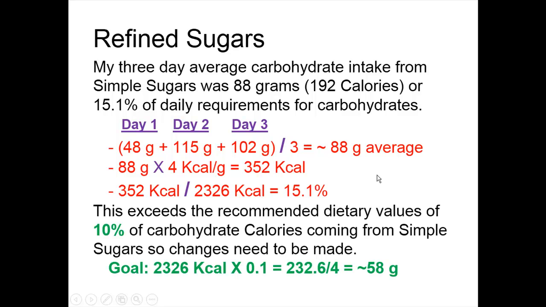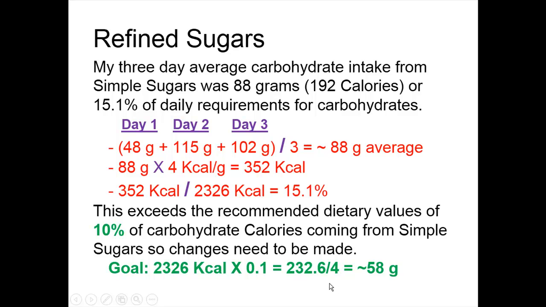Okay. Well, first of all, I have to determine, well, what in the heck is 10%? How many grams is 10%? Well, what you would do is basically take your total calories, because this is 15% of my total calories that came from simple sugars. So I would take my total calories times 0.1, which is 10%, which gives me 232 calories. But if I want to get into grams, there's 4 calories per gram.